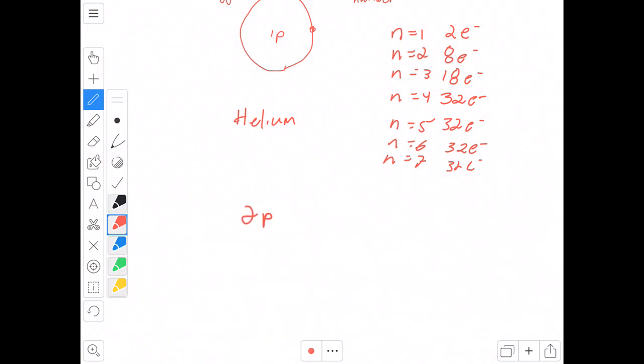And how many neutrons? 2. So 2 neutrons. I'll put that in the center. And then there's going to be 1 orbit. This is the n equals 1 orbit. And I'm going to put 2 electrons in it because in order to be neutral, helium has to have 2 electrons.